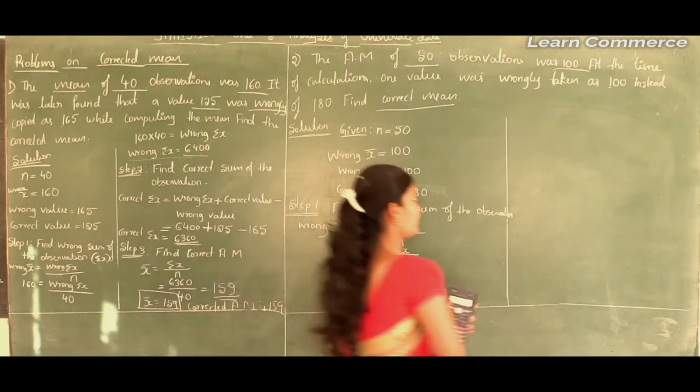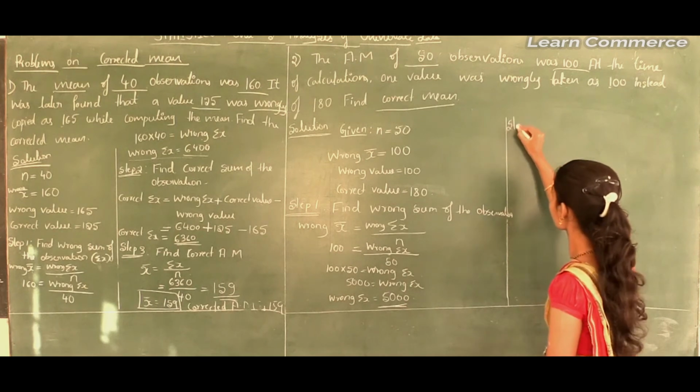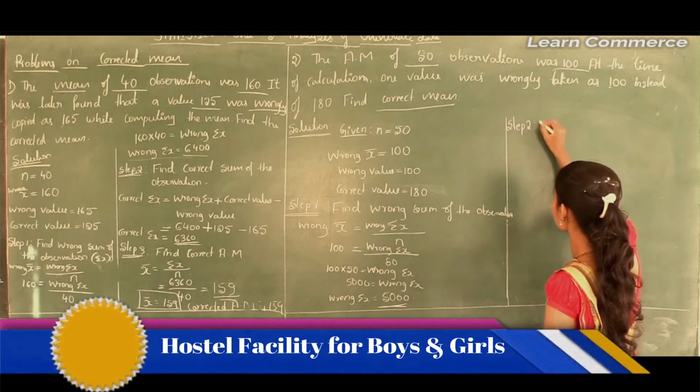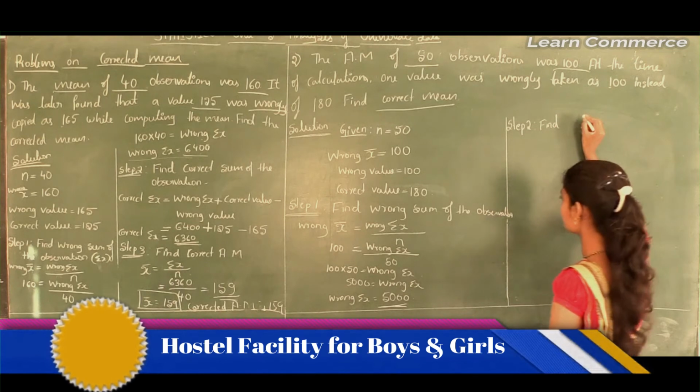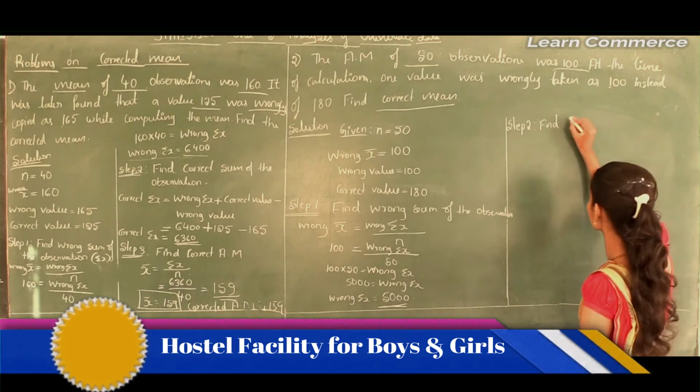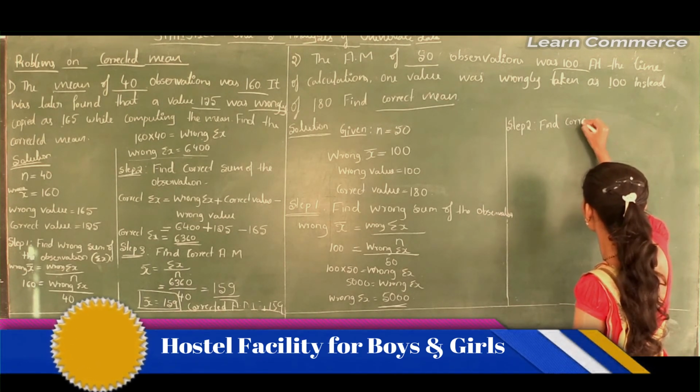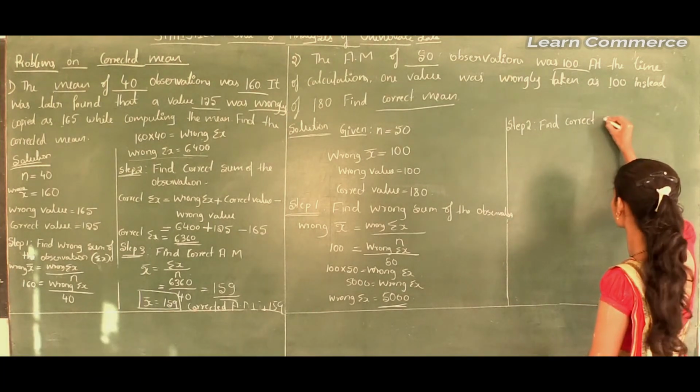Next, step 2 is to find the correct sum of the observations, or correct summation x.